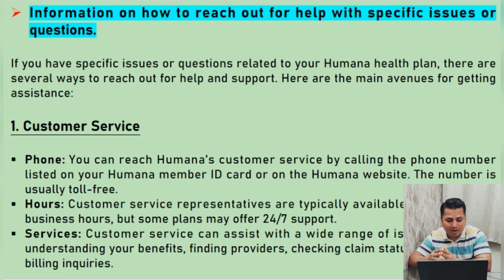Phone. You can reach Humana's customer service by calling the phone number listed on your Humana member ID card or on the Humana website. The number is usually toll free. Hours. Customer service representatives are typically available during regular business hours, but some plans may offer 24/7 support.